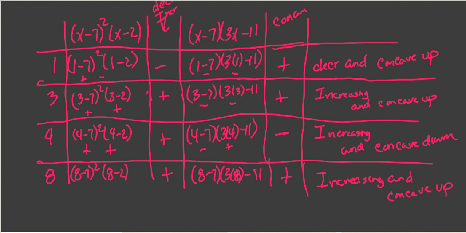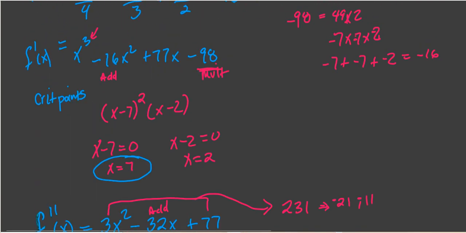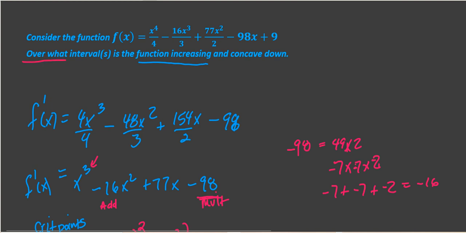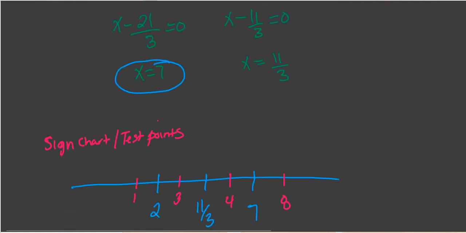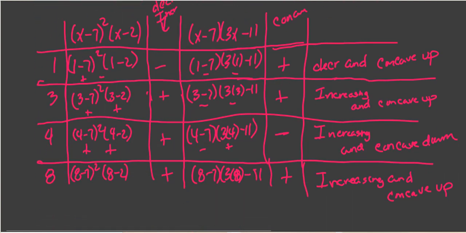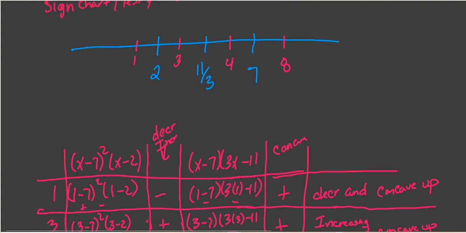All right. So based on this, our original question asked us over what intervals it is increasing and concave down. If we look back at our sign chart, it's increasing and concave down here at the part of 4. So the space around 4 means between 11 over 3 and 7.